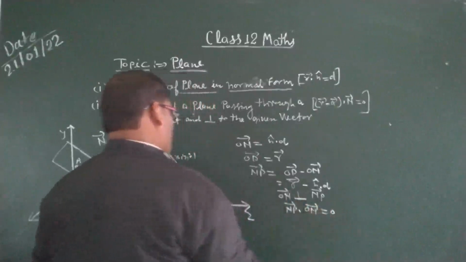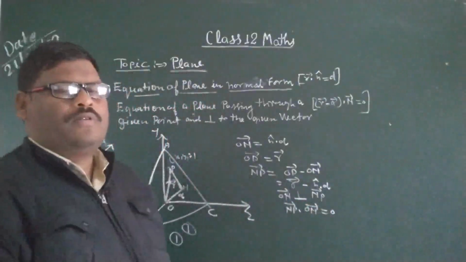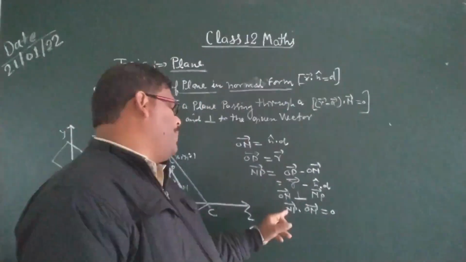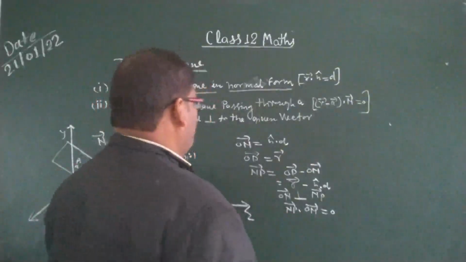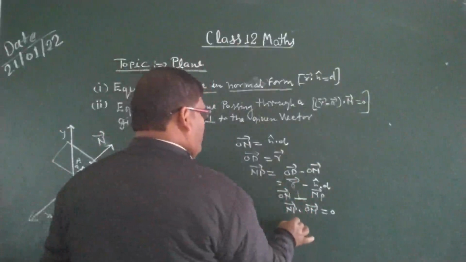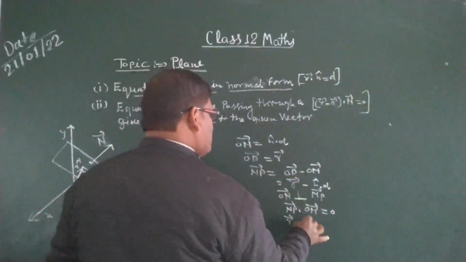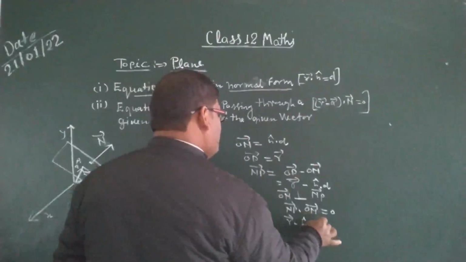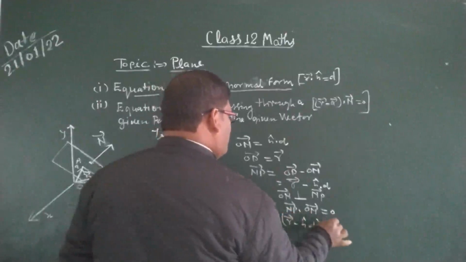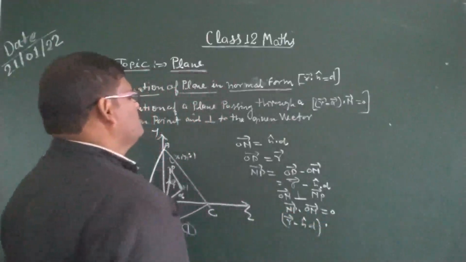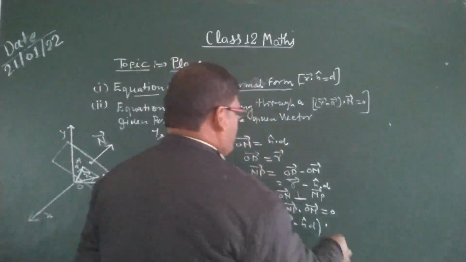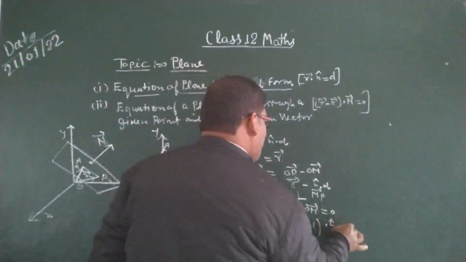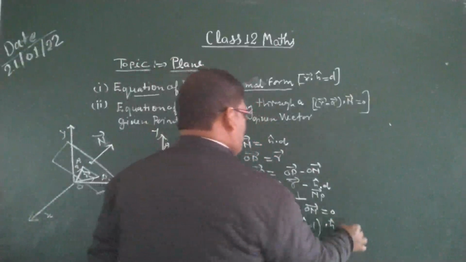Now putting the values of vector NP and ON, that is NP means vector R minus n cap D, dot product vector ON, where vector ON is equal to n cap into D, is equal to 0.